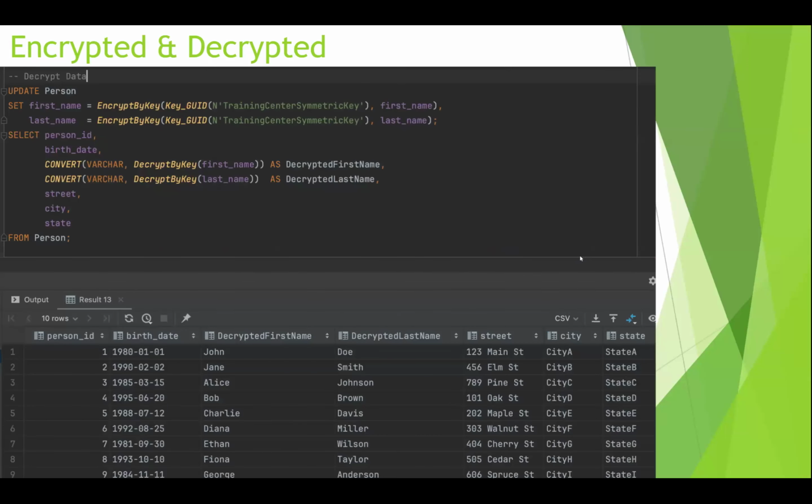However, we also decrypt this data. If you use this SQL syntax here, you can get the correct first name and last name. We can also do this to our password and login username of our users if there is a need.